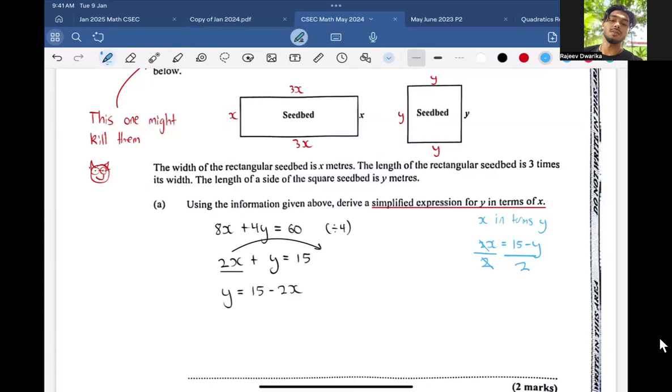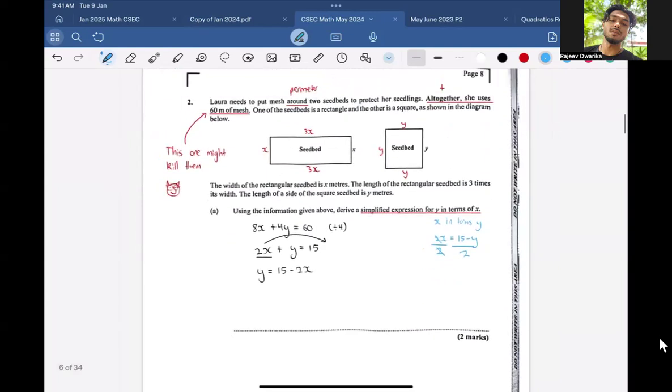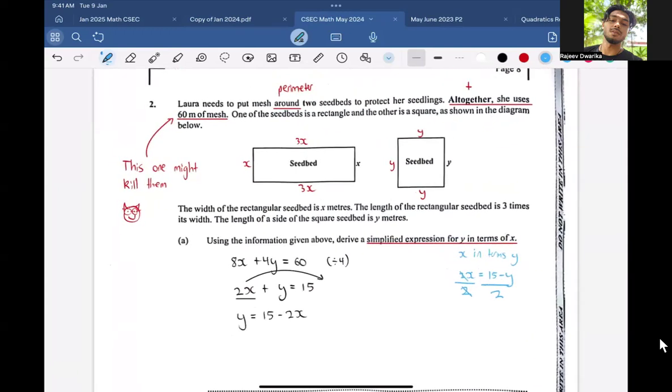Keely, do you understand what she just did? Yeah. Good. So we have answered the 2 mark question. Let's move on. With these questions, I'm gonna give you all a general procedure to look for. They could say altogether, difference, sum, product, whatever.